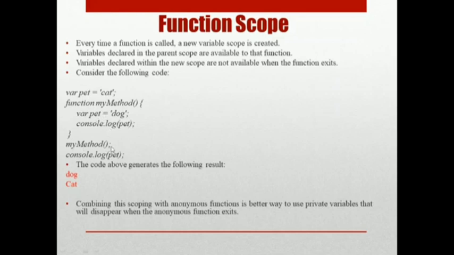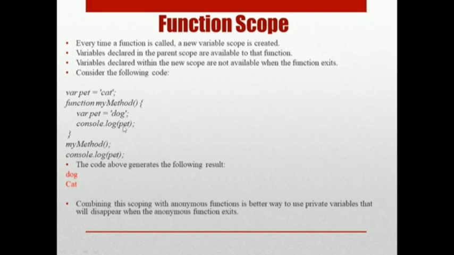First we call the myMethod function, which has variable pet equal to dog and prints it. So it first prints dog, and after that it executes console.log pet, which contains cat. So it first prints dog, then cat.